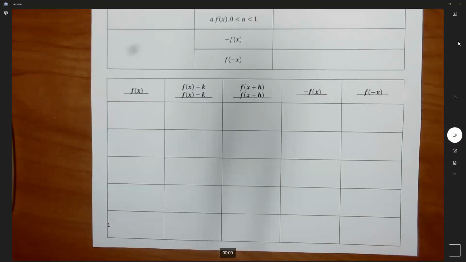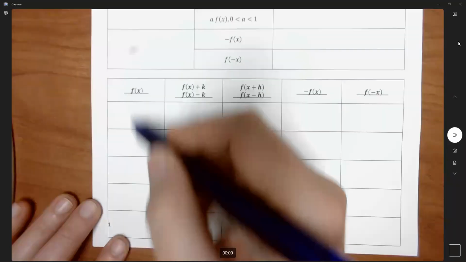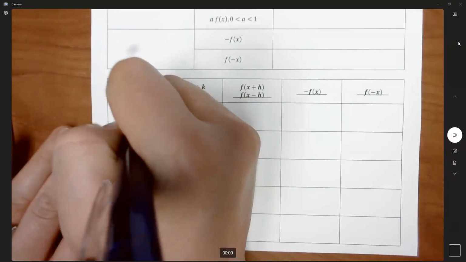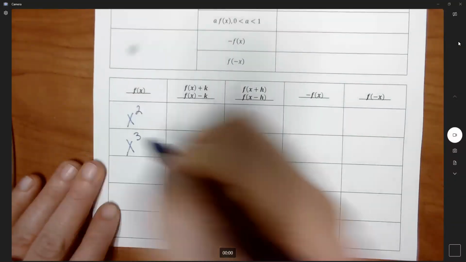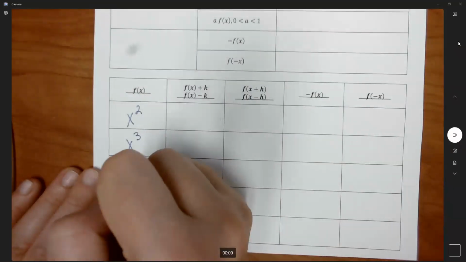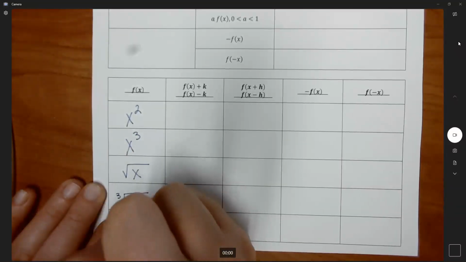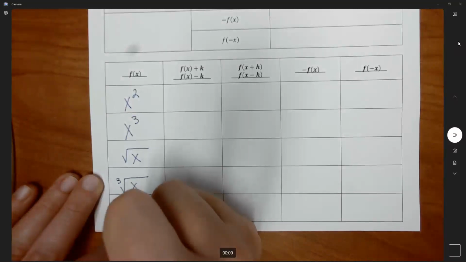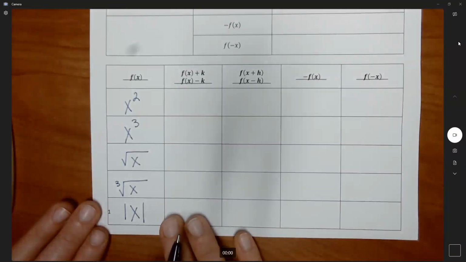I'm going to list these in no particular order: x squared, x cubed, the square root of x, the cubic root of x, and the absolute value of x.